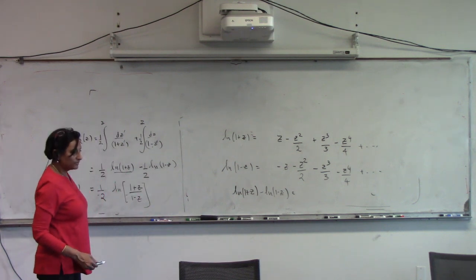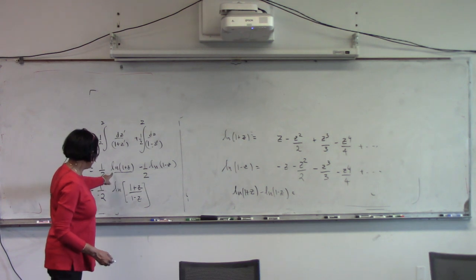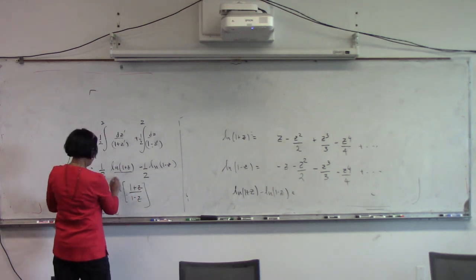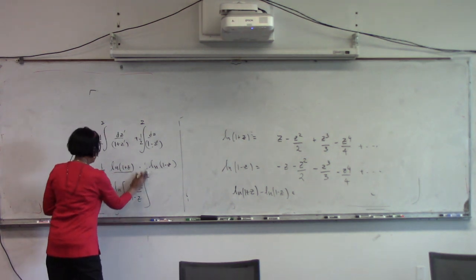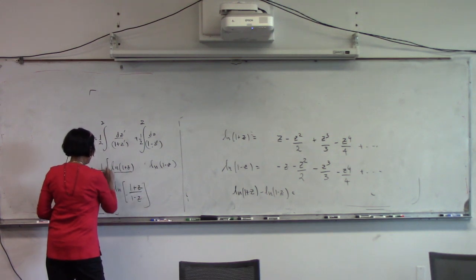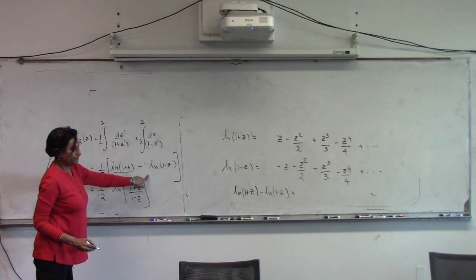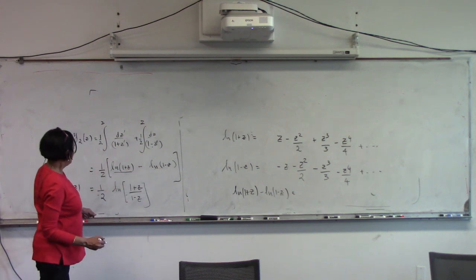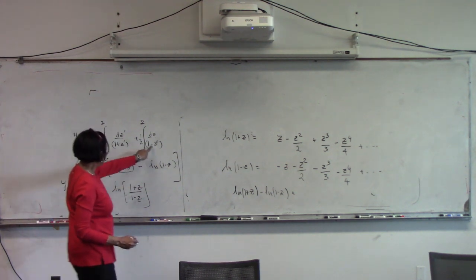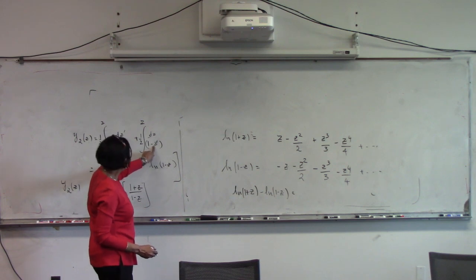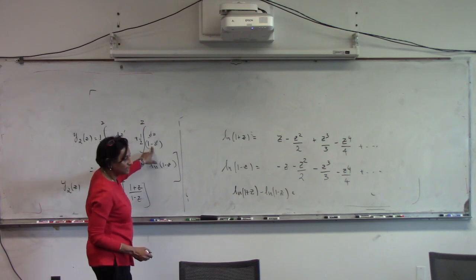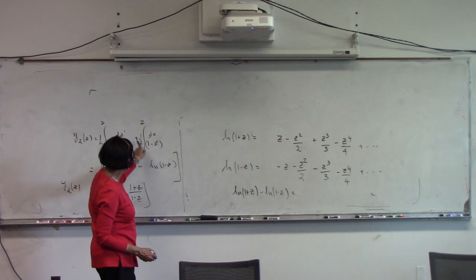That's correct. We are subtracting it because we have this minus half common, right? This is what we have to get. But from the integral, you have the plus sign. I have a negative sign here. Natural log of 1 minus z with a minus sign becomes a negative after integration.